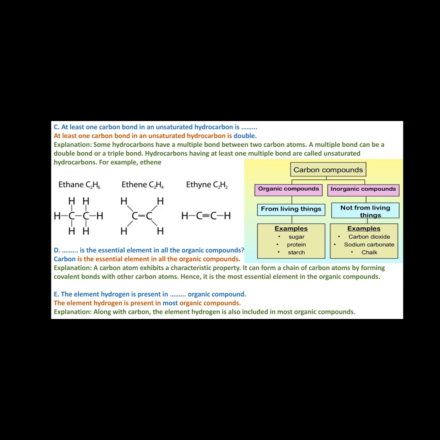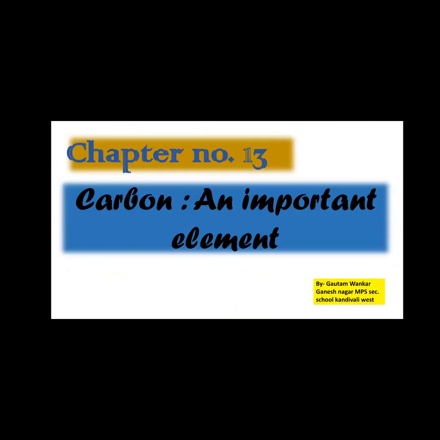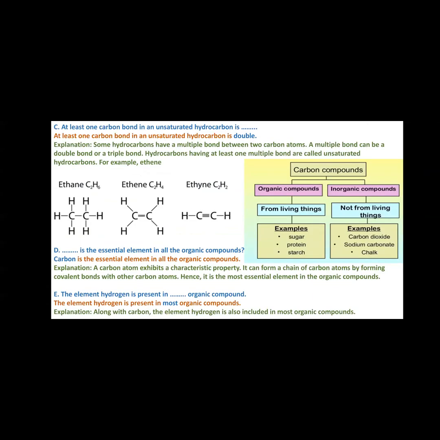Explanation. Some hydrocarbons have multiple bond between two carbon atoms. A multiple bond can be double bond or triple bond. Hydrocarbons having at least one multiple bond are called unsaturated hydrocarbons. For example, ethene.